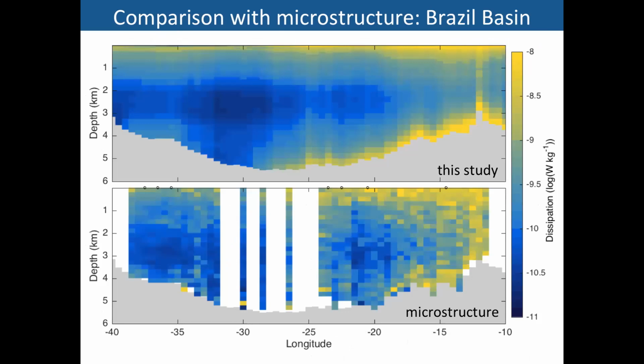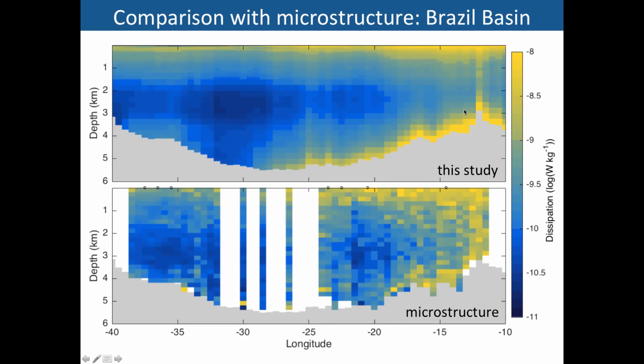A more visual comparison is this one. I'm looking again at the Brazil Basin. At the bottom here, you have the same data I showed in the introduction, but now you're looking at the dissipation in log scale. These are a bunch of microstructure profiles taken again along the Brazil Basin towards the crest of the Mid-Atlantic Ridge.